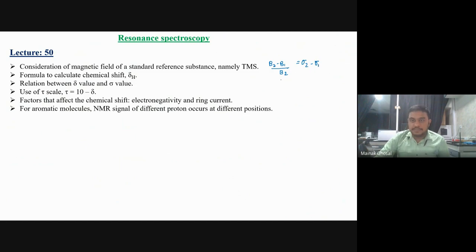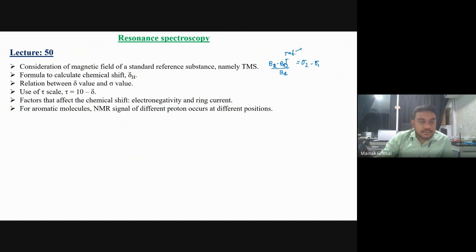So you can see what we are doing: we are just fixing this B1 with a reference, which can be thought of as TMS, tetramethylsilane, chosen as the standard substance. From that formula we calculate delta H, and now this problem is fixed. Since there are no two magnetic fields, with just one magnetic field you can get this difference. The difference is devoid of any magnetic field.